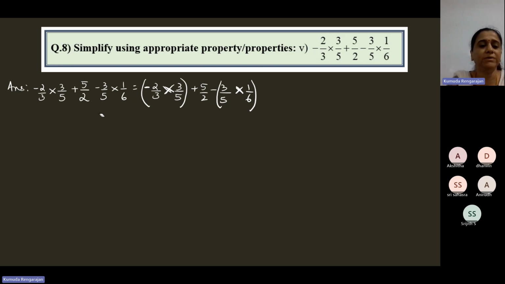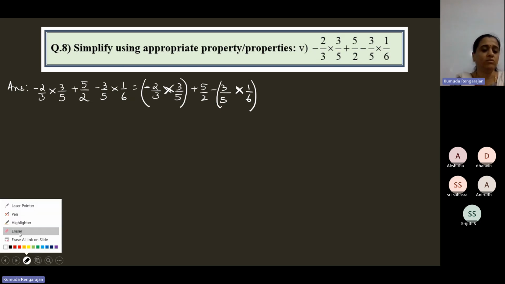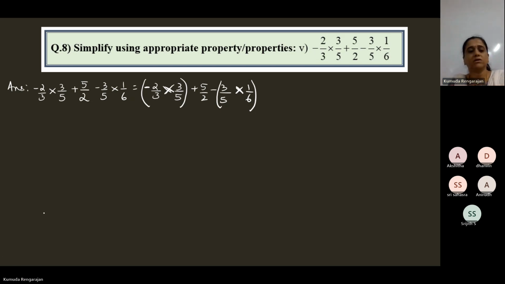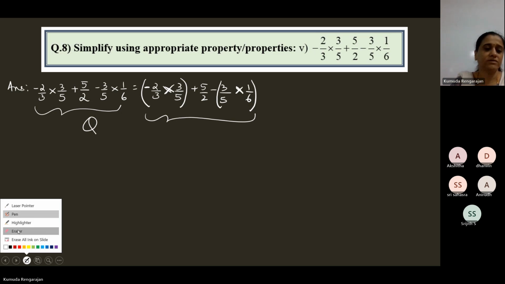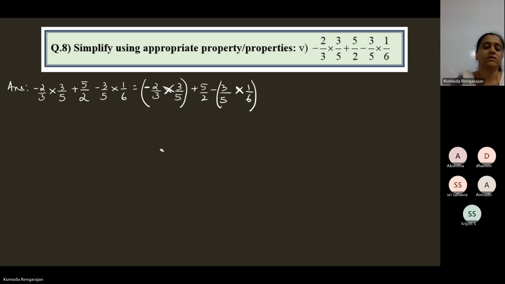No, I will not repeat this. If you have a doubt, tell me now. This is the question, the given expression. I wrote that again and I've inserted the brackets. Because multiplication comes first, then addition, subtraction.